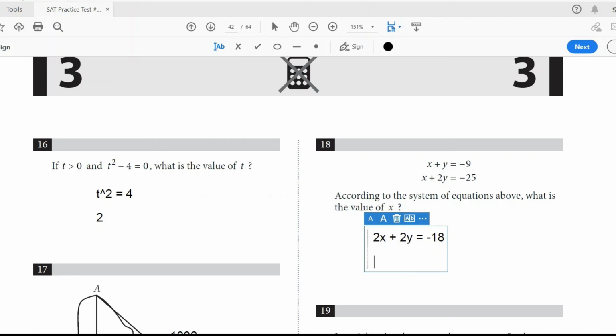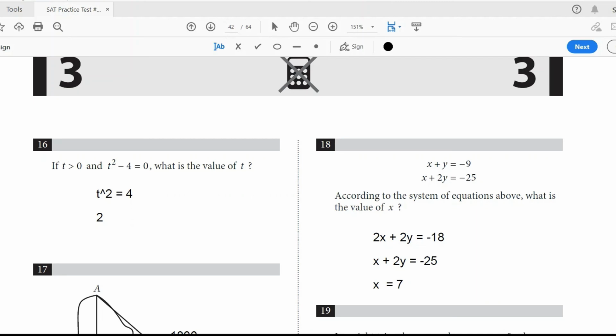Since we're subtracting the equations, everything gets subtracted out, so x, and this becomes 0, and then negative 25 becomes positive, and we subtract it from 18, equals 7. So our answer is x equals 7.